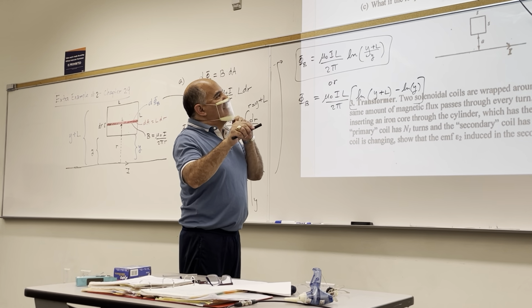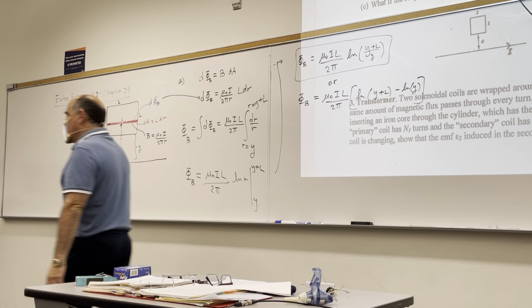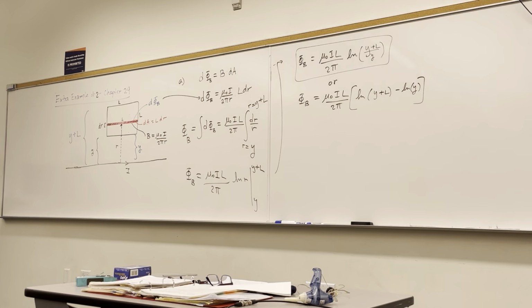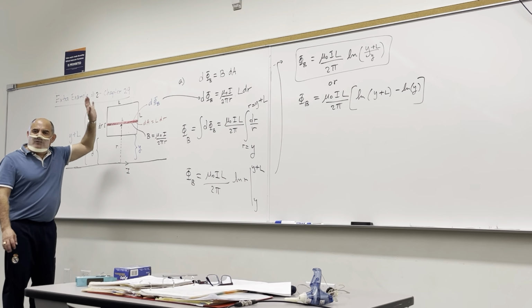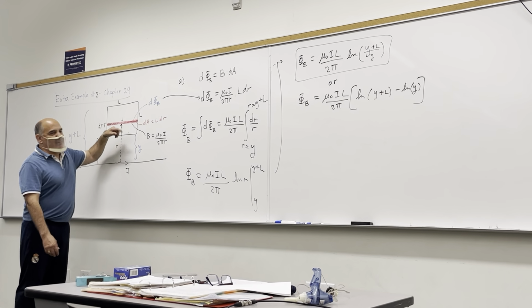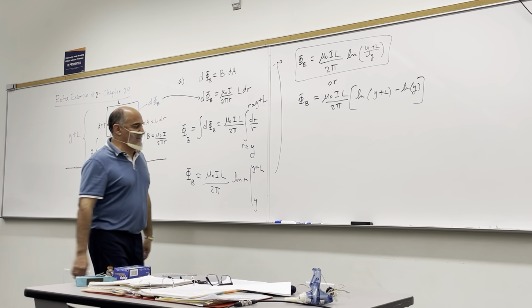In what direction is the induced current in the square loop? So what will be the EMF generated? Notice we were not given a resistance, so they're just asking for the EMF. But if they wanted the induced current, it would be the EMF induced divided by the resistance of this square loop. But they didn't give us that, so we'll just calculate the EMF.